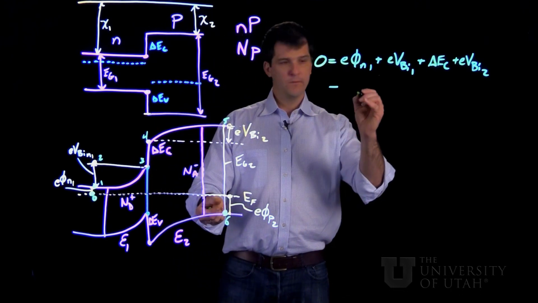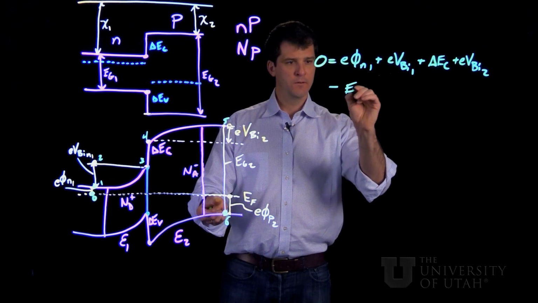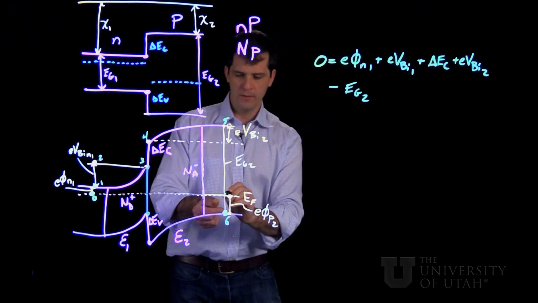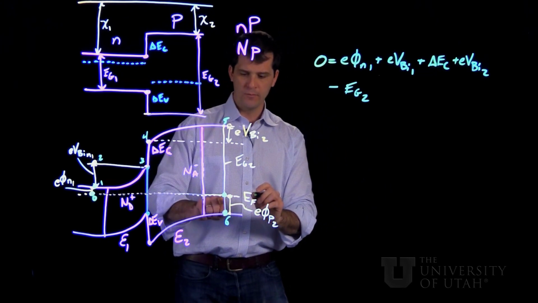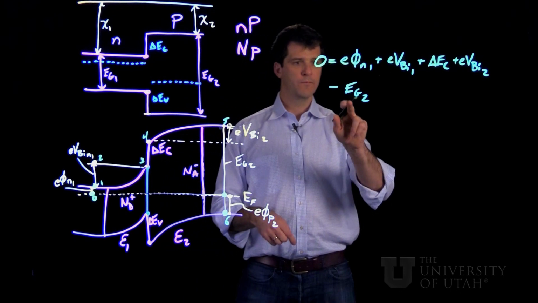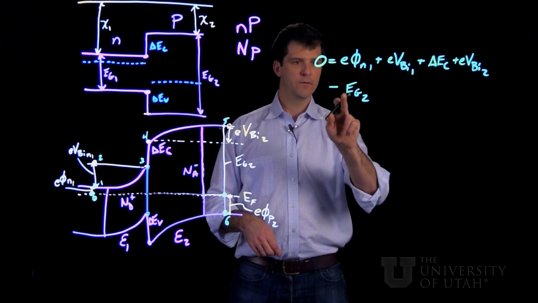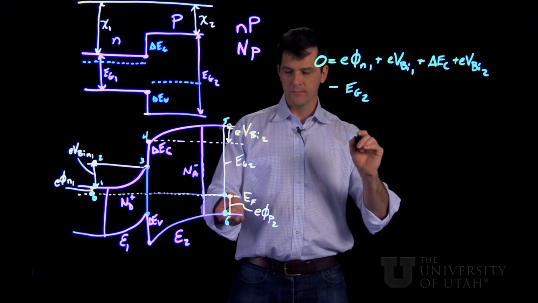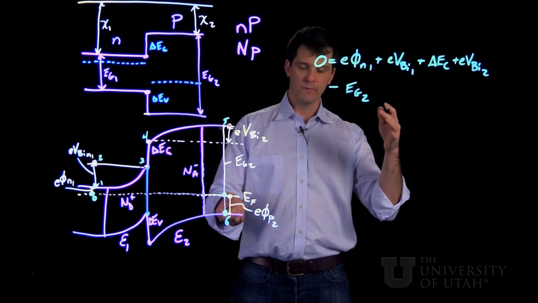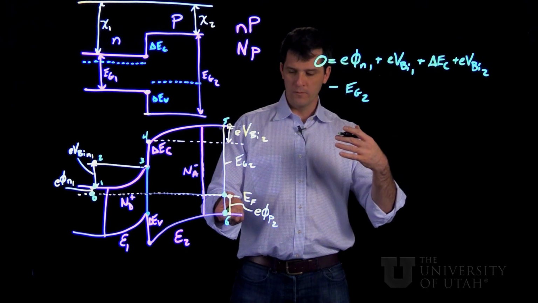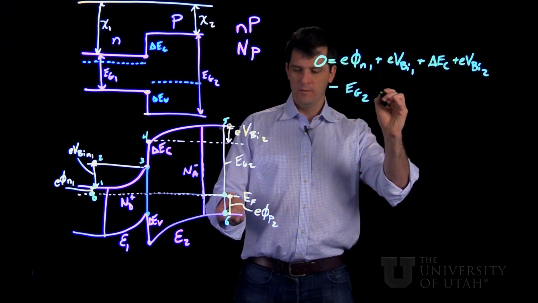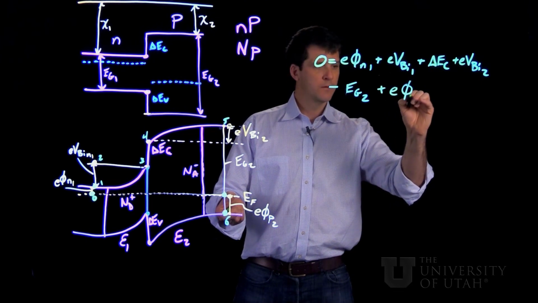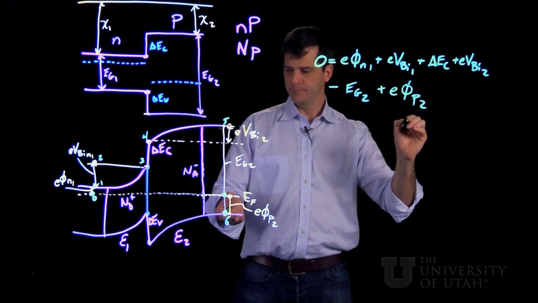So we're going to do minus E gap 2. Then we're going to come back up, and I went past this point before just to use the convenient value of the second band gap. We're going to come back up this amount, which is given by the distance of the Fermi level on the p-type side to the valence band edge. So we're going to add another piece here, which is E phi p on the second side.